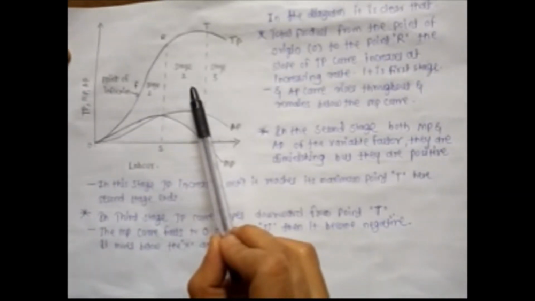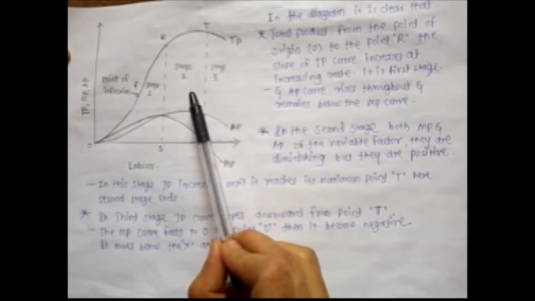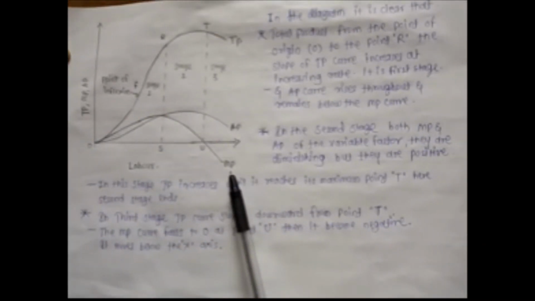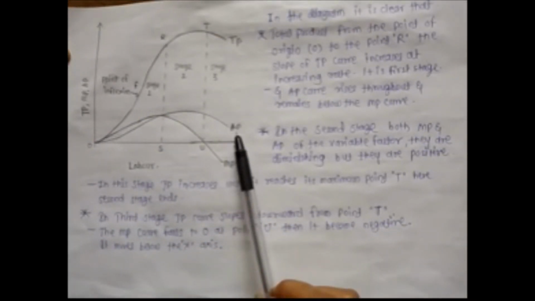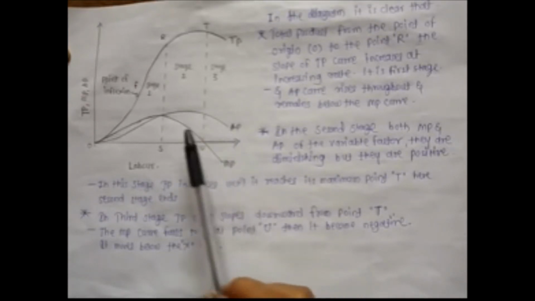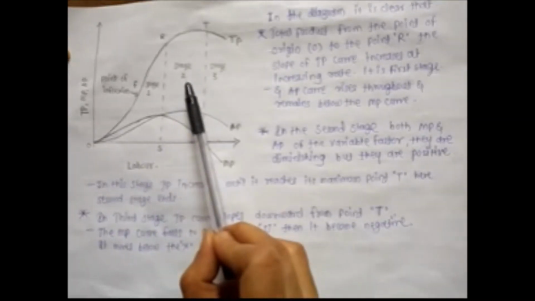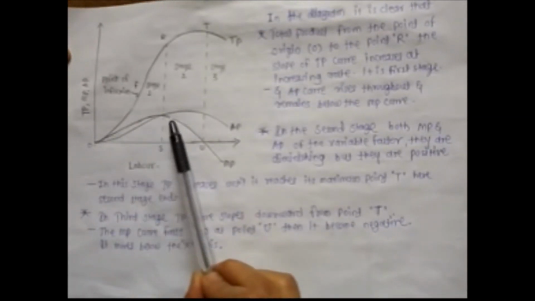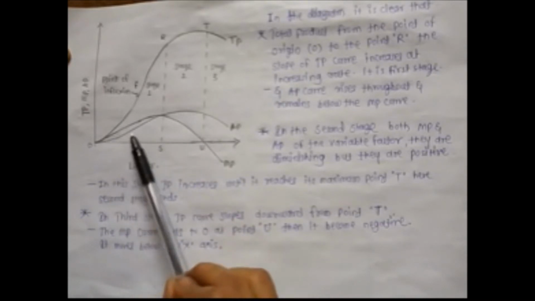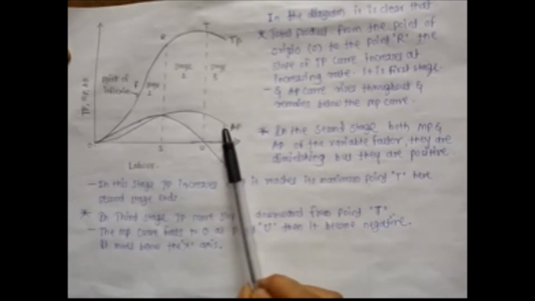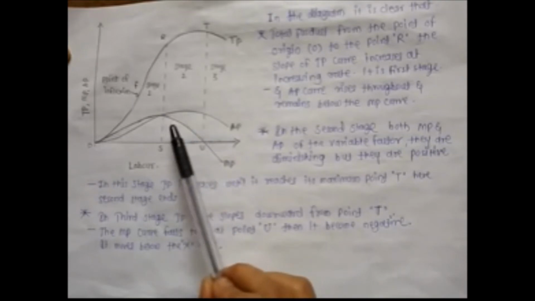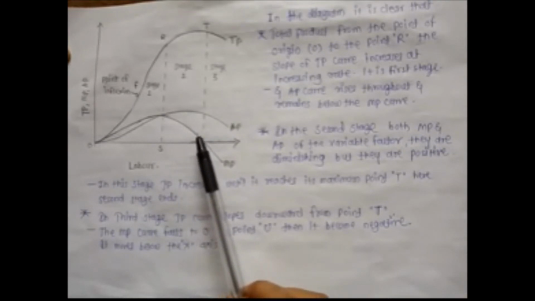In the second stage, both the marginal product curve and the average product curve of the variable factor are diminishing. See here, in the second stage, the marginal product curve and the average product curve are diminishing, meaning they are decreasing, but they are still positive.